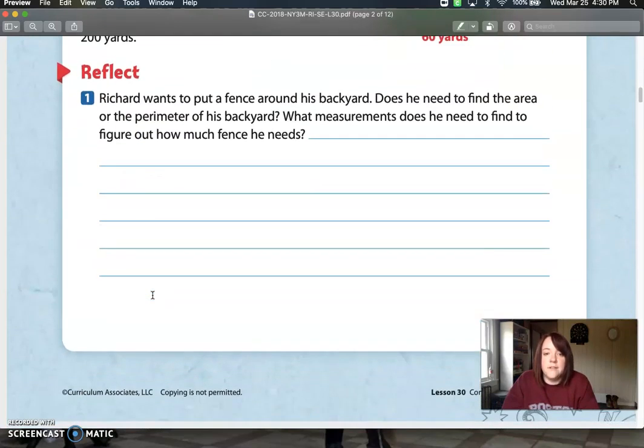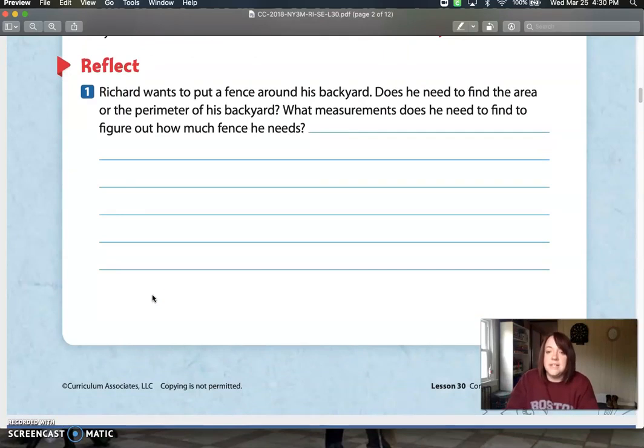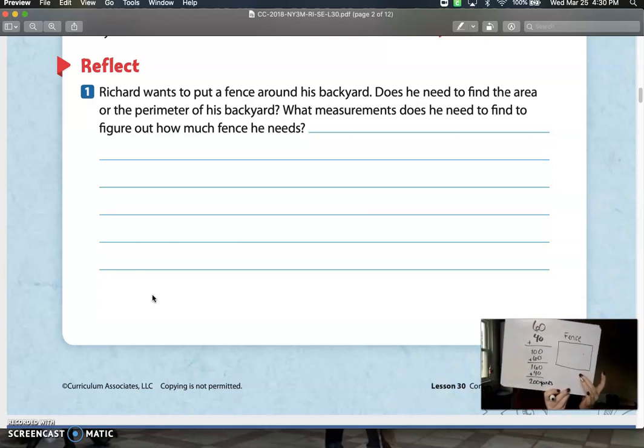Richard wants to put a fence around his backyard. Does he need to find the area or the perimeter of his backyard? What measurements does he need to find to figure out how much fencing he needs? Well, if he's putting a fence in, we know that the fence has to go all the way around the yard. So here's your fence.